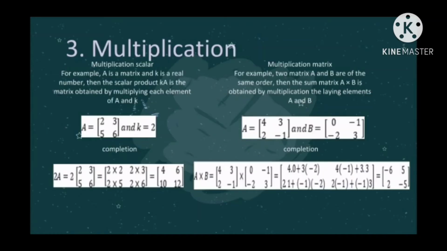Number 3, multiplication. There are two types of multiplication. 1. Scalar multiplication. For example, A is a matrix and K is a real number.